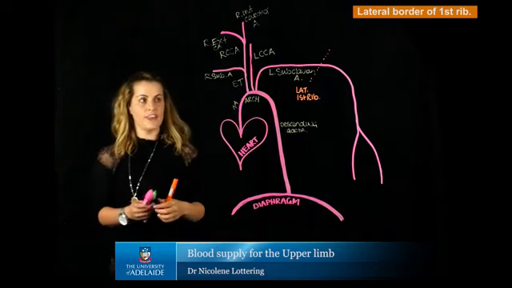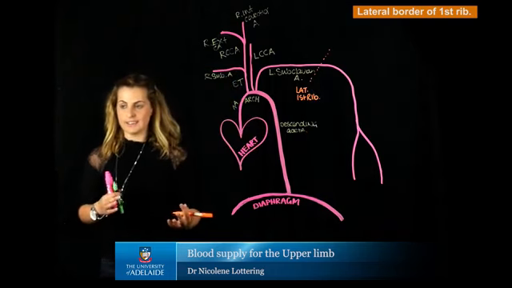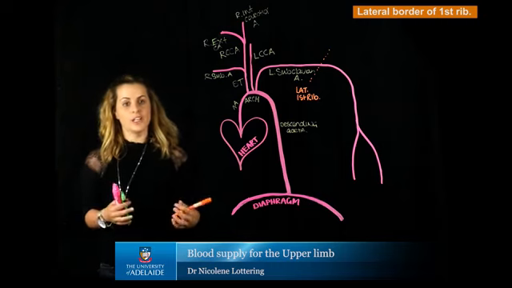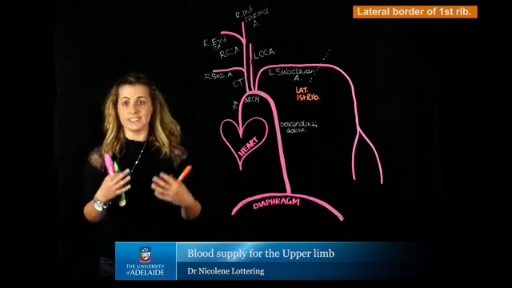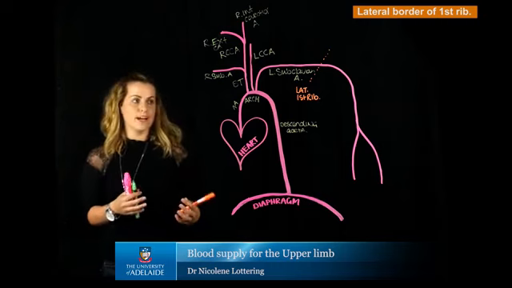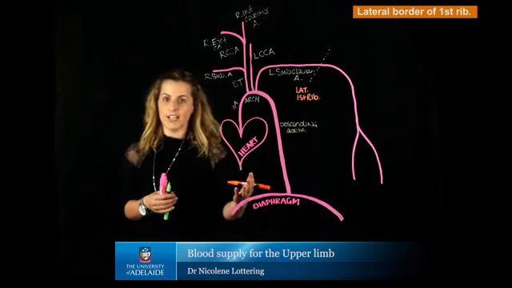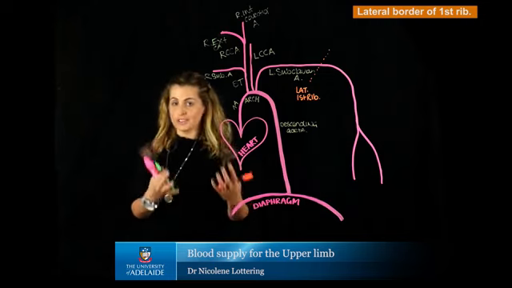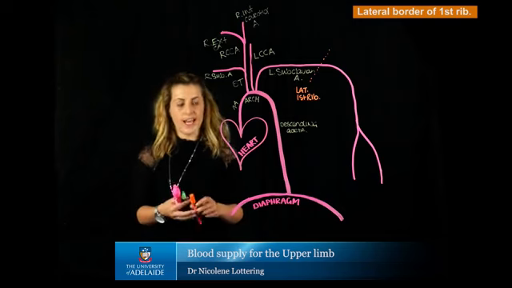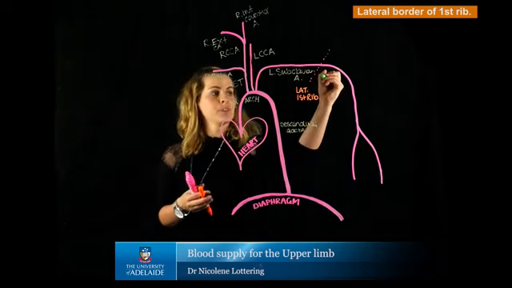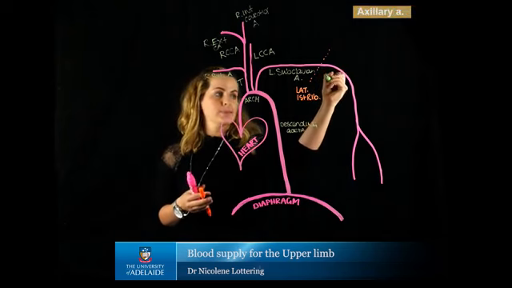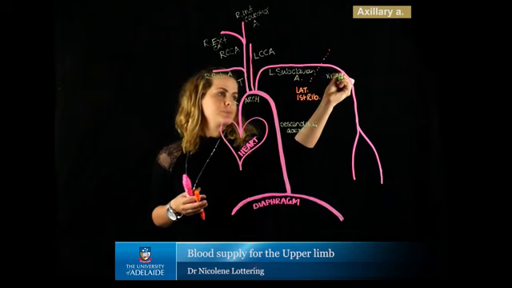So it is important that when we're describing the origins and the terminations of each blood vessel, we identify the major skeletal or soft tissue landmarks where the transitions occur. We say that the left subclavian artery is a continuation, as the axillary artery, at the lateral aspect of the first rib.